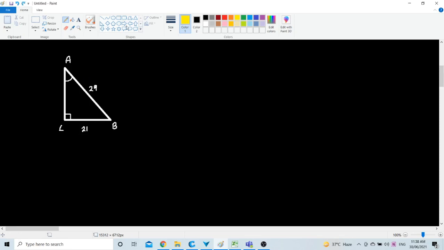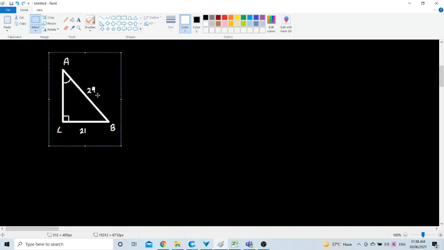What you have to do is just rotate this figure. And once you rotate this figure, go ahead, select it and rotate it.